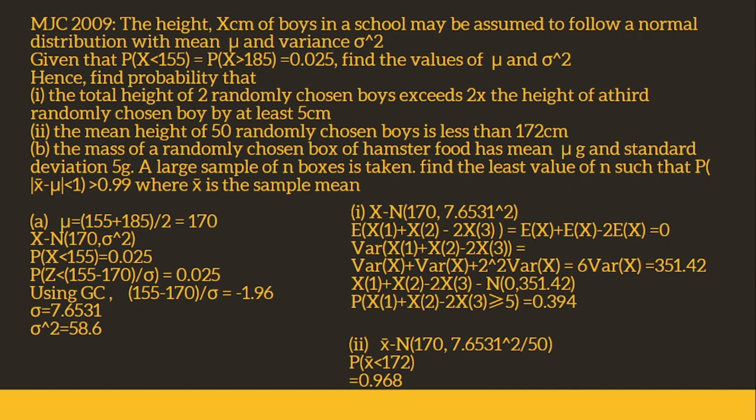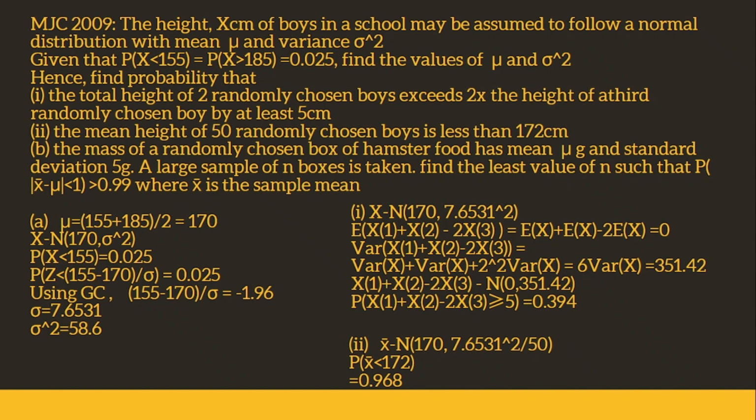Then for part 1, the random variable X is a normal distribution with mean 170 and variance 7.65 squared. If you want to find the expected value of 2 boys minus 2 times the height of a third boy, it's going to be E(X1) plus E(X2) minus 2E(X3), which equals 0.